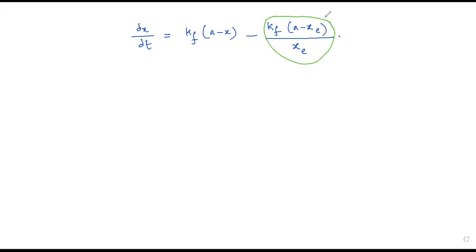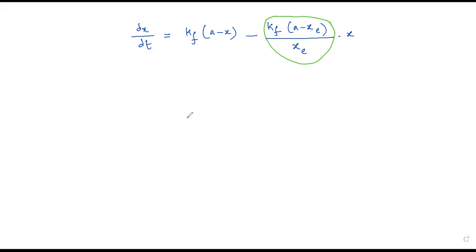Now, again, dx by dt can be written as kf into (a minus x) minus kb, of course, and kb is nothing but kf into (a minus xe) by xe. This is nothing but kb. What we have derived, we also got x, right?